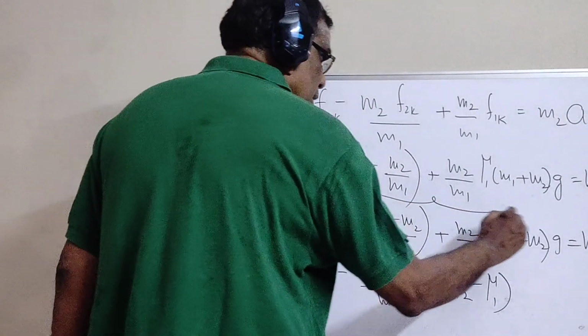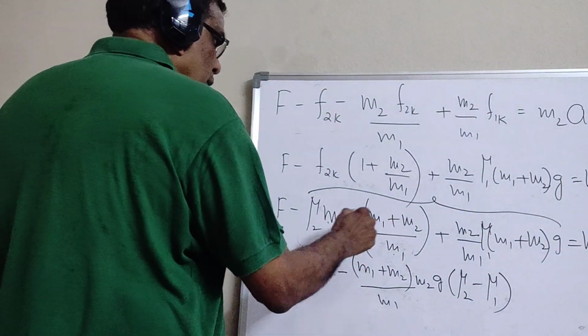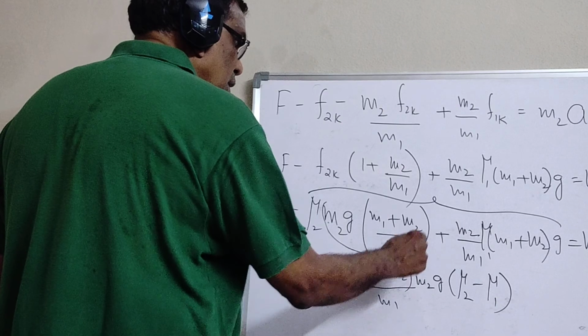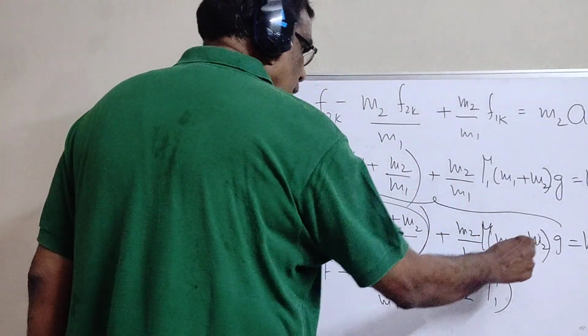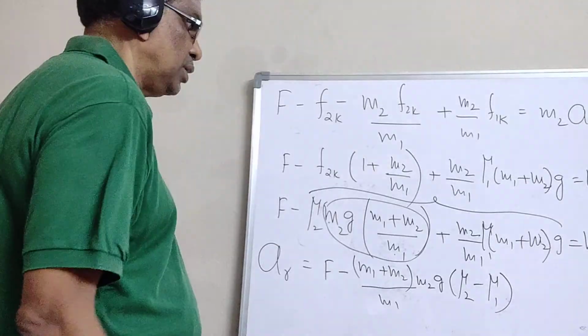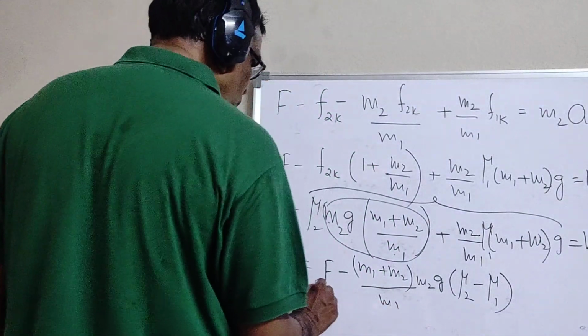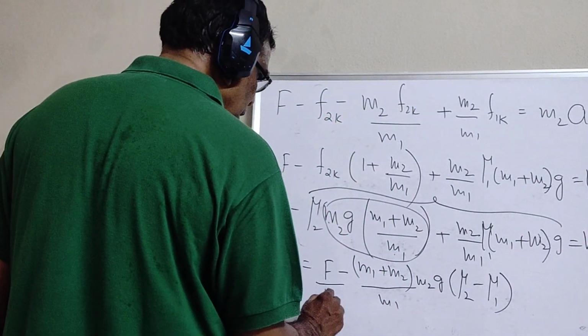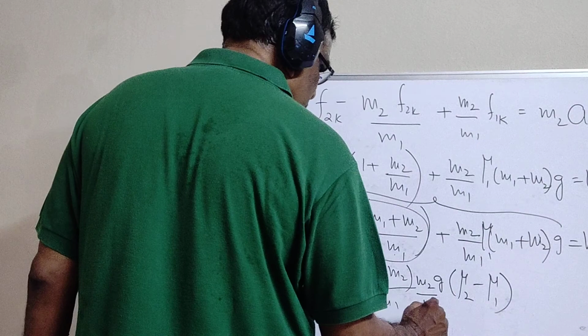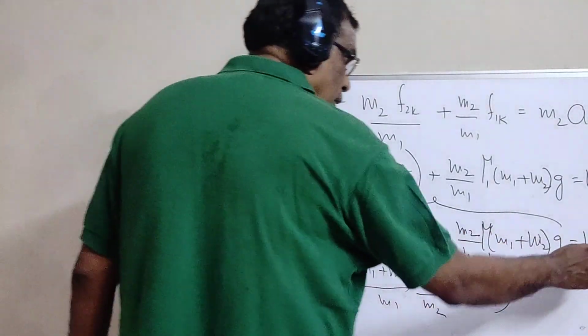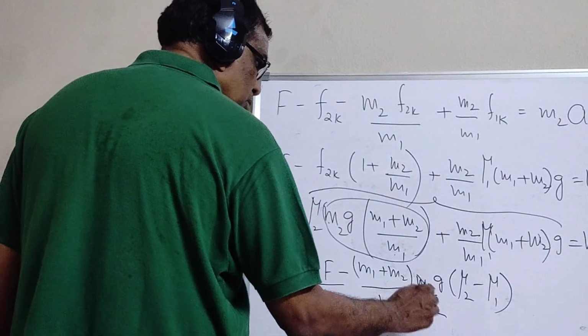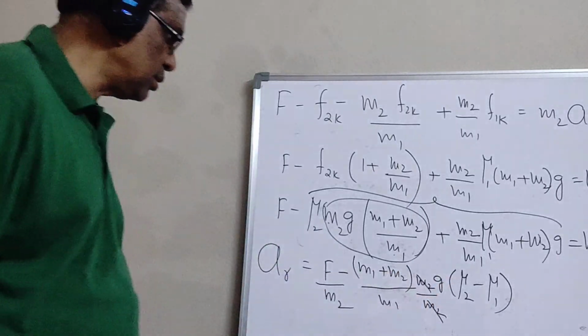I've combined these two terms. The whole thing is common, right? So I can do that, and the whole thing is divided by m2 because m2 AR. So this is the answer.